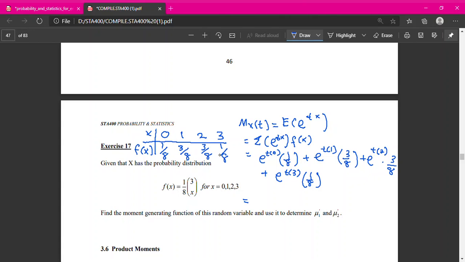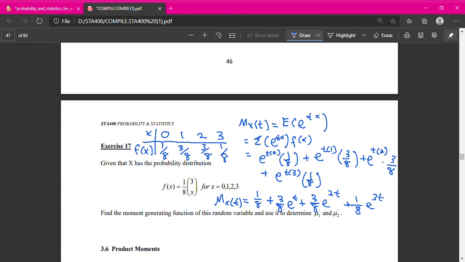What you get is e power of 0 will be 1, so it will be 1 over 8 plus e power of t multiply 3 over 8, so we can write it as 3 over 8 e power of t plus 3 over 8 e power of 2t plus 1 over 8 e power of 3t. So ini adalah function of M_X(t) for this function.